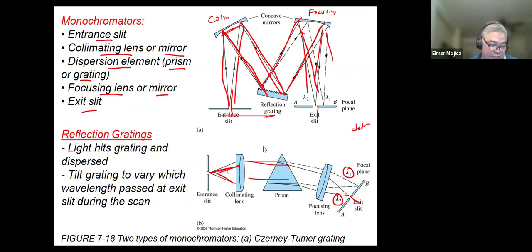In terms of design, which is more simple between the two? Anyone? Which do you think is more simple? Is it Czerny-Turner?